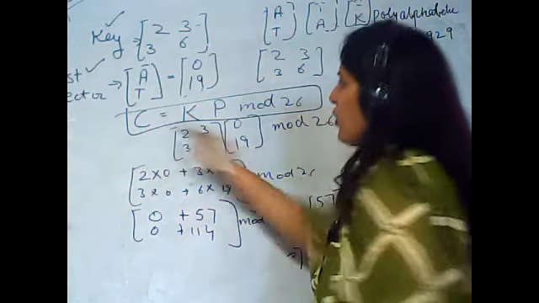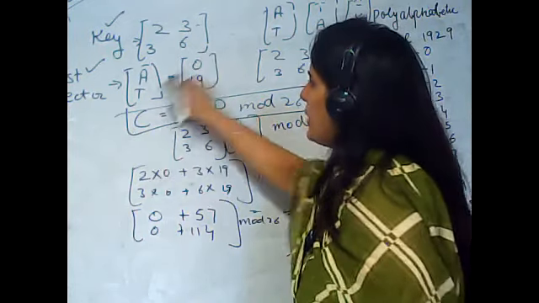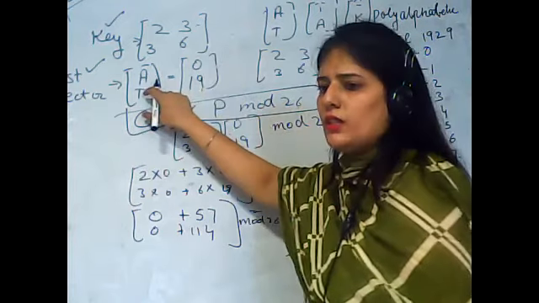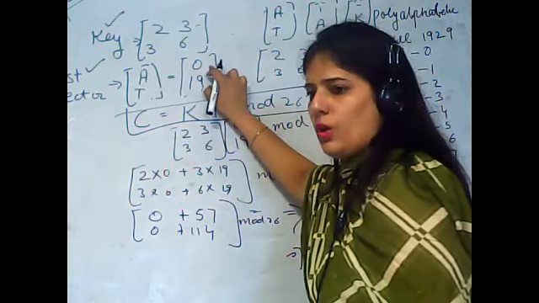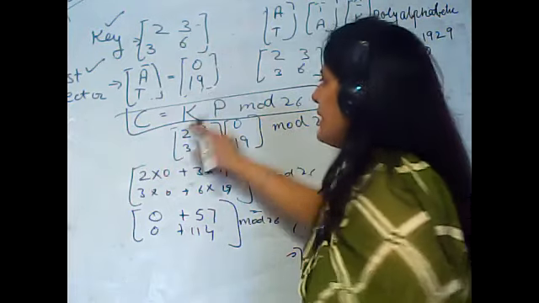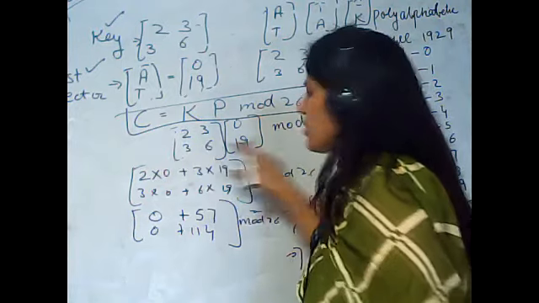Now, according to this rule, I have to include the numeric values for the corresponding letters here. So A and T have the values 0 and 19. The next step is that I need to multiply both these matrices, this matrix and this matrix.